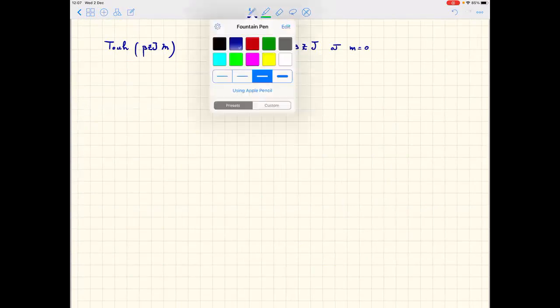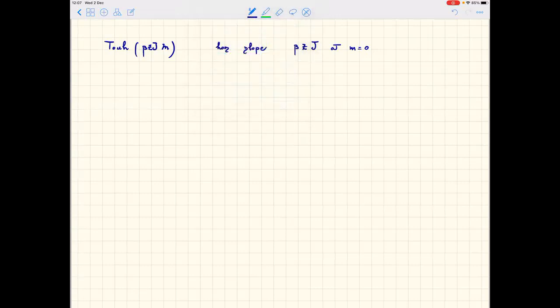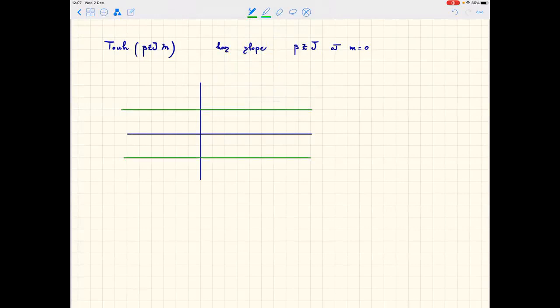Now, what does it mean? Let's plot everything. So this is plus 1, this is minus 1, and this is the linear function, so this is m.